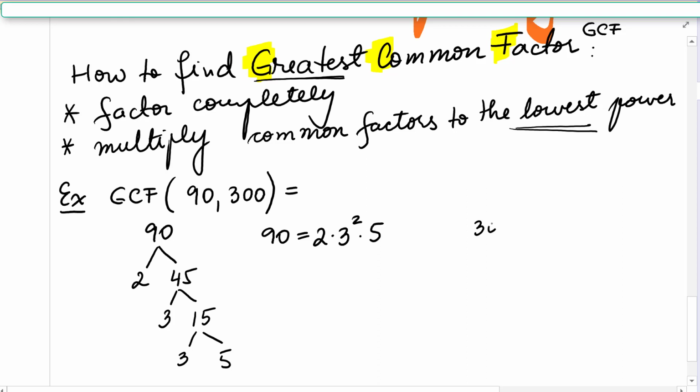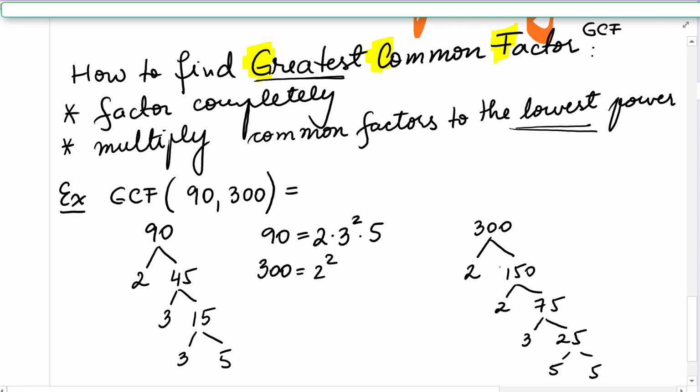And let's do 300 now. 300 divided by 2, it's 150, divided by 2, it's 75, divided by 3 is 25, and 25 divided by 5, it's 5. So the prime factorization for 300 is 2 to the second, times 3, and then times 5 to the second.